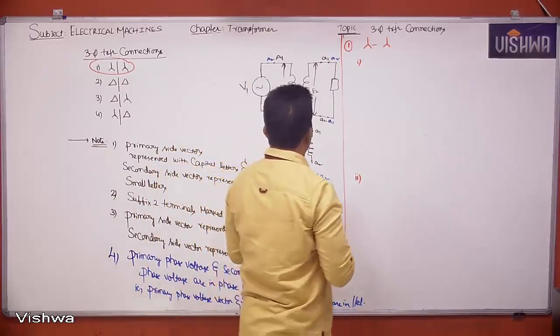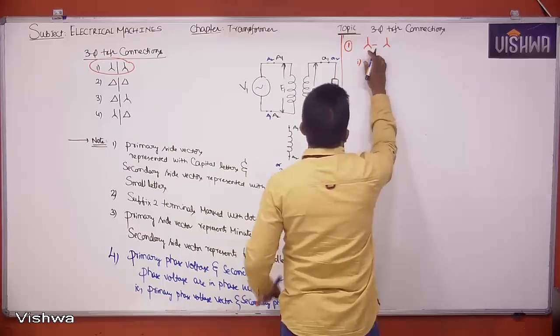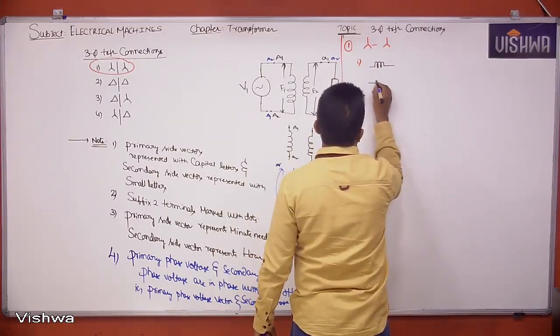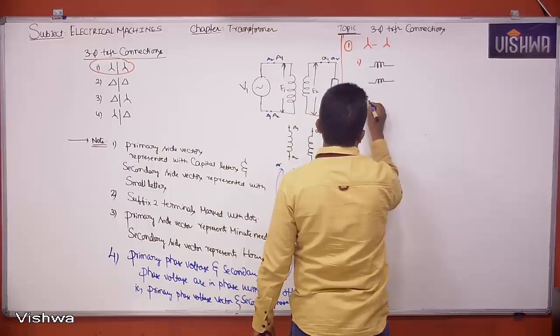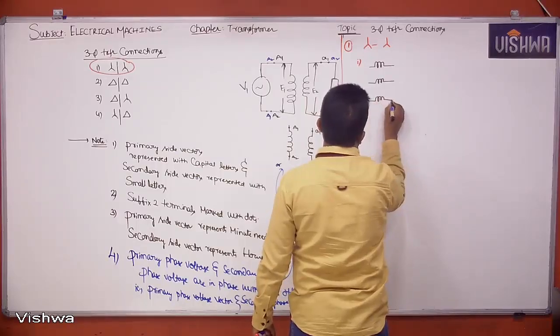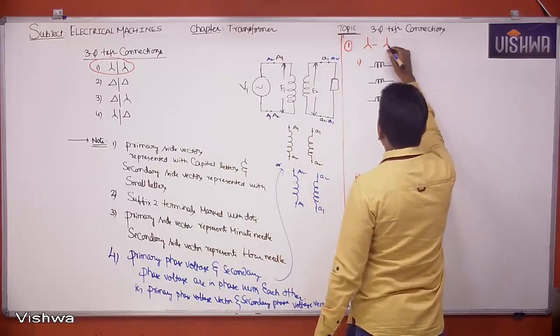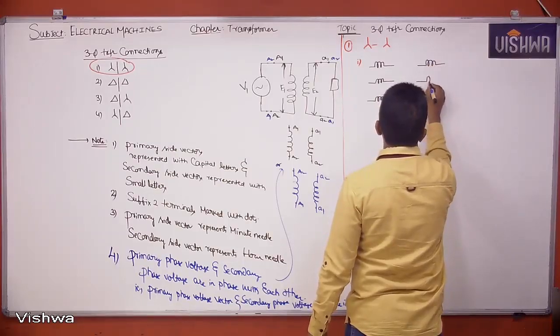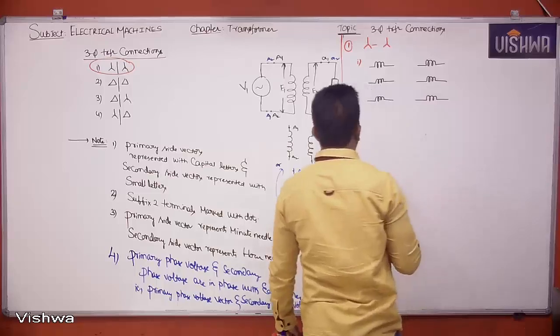So the primary is in star connection. Let me have three vectors: 1, 2, 3. The secondary is also star, so let me take once again three vectors here: 1, 2, 3.